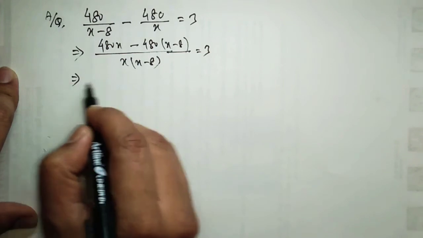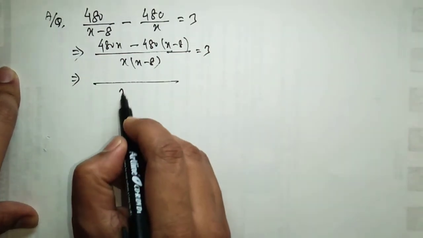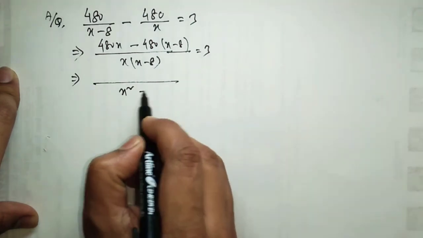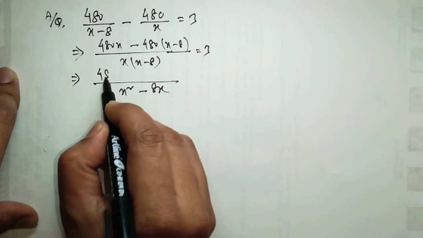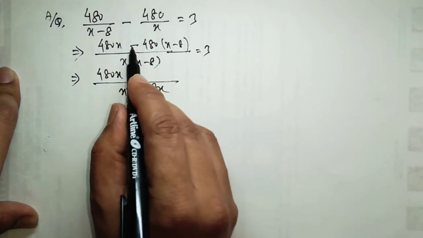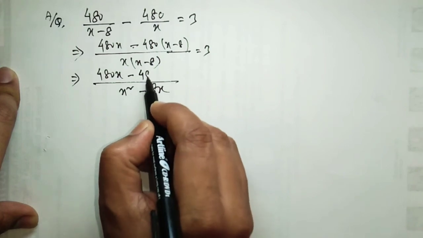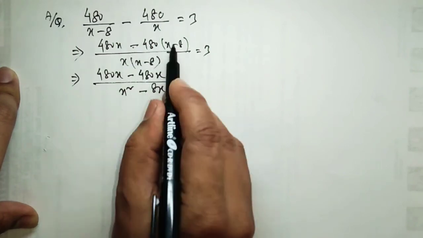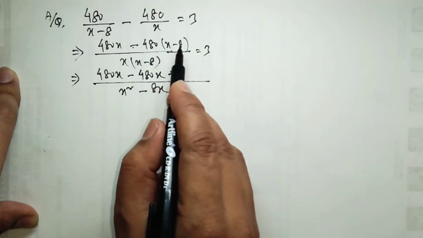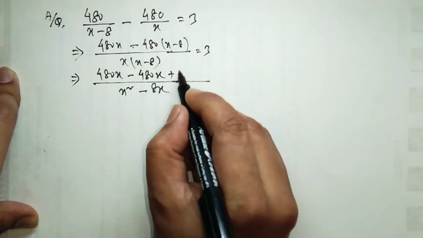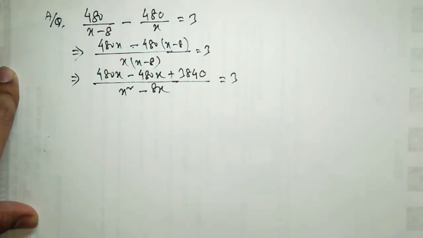This implies, in the denominator, x into x is x square, minus x into 8 is 8x. Numerator: 480x minus 480 into x, which is again 480x, minus minus plus. 480 into 8, if you multiply, will be 3840, is equal to 3.